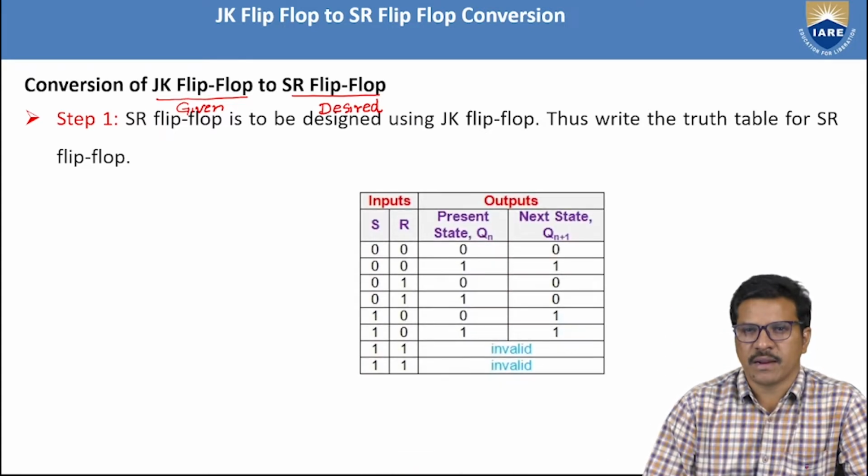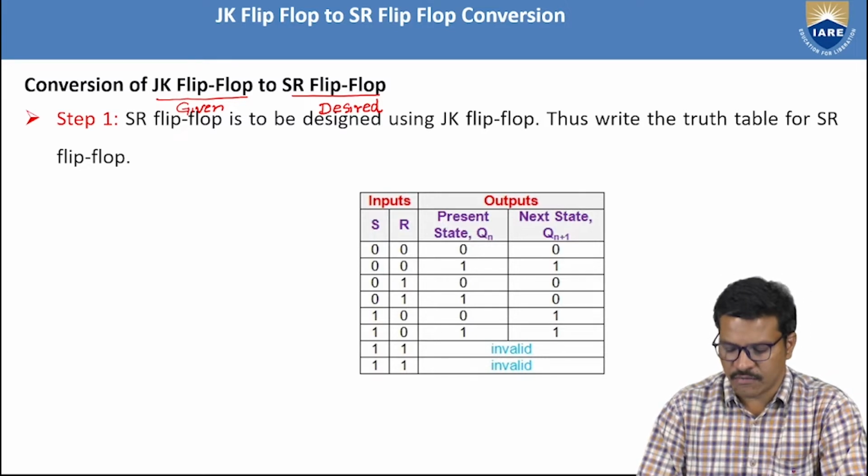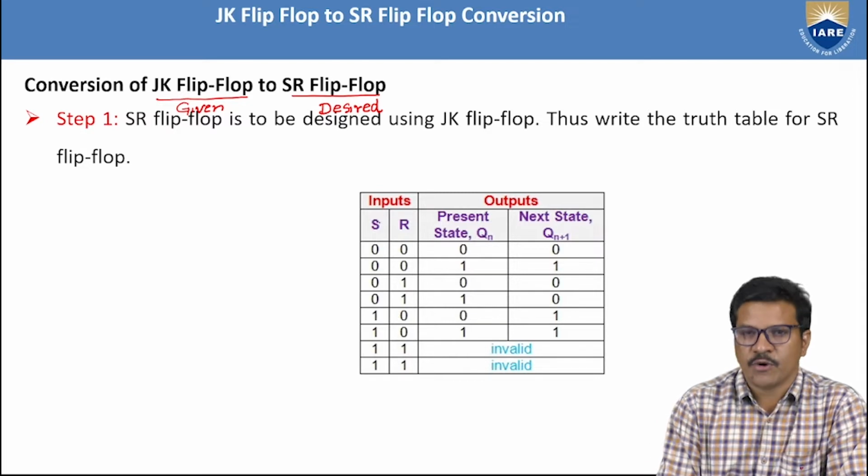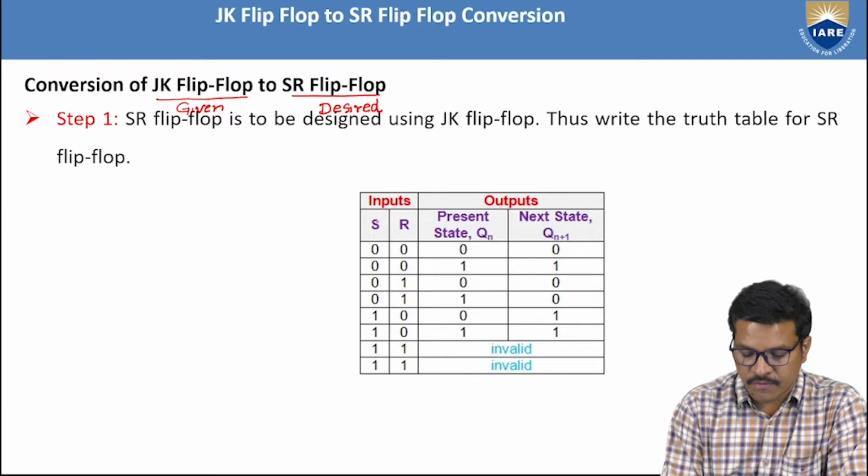If you see this diagram, we can say that this is the characteristic table for the desired flip-flop. Take the S and R flip-flop truth table.